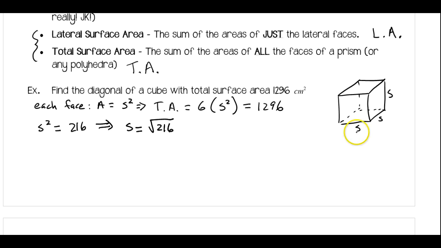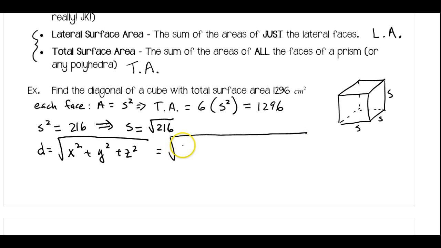So now that we know that each of these sides is the square root of 216, remember we have a formula for the diagonal of a rectangular solid. It's the square root of x squared plus y squared plus z squared, the three dimensions. And in this case, they're all the same. So it's going to be the square root of, square root of 216 squared plus square root of 216 squared plus square root of 216 squared.